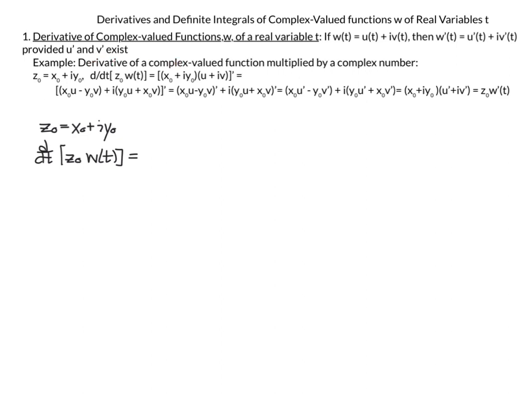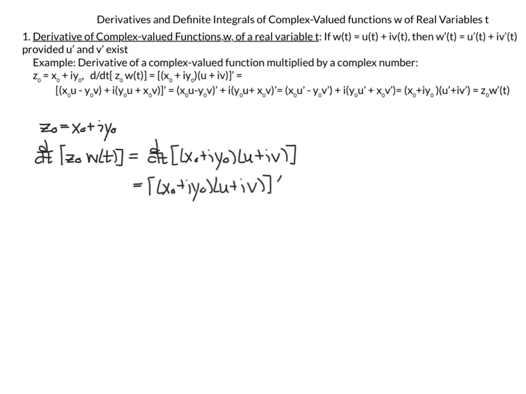So again, we're going to use our formula for taking the derivative of a complex valued function to derive a formula for the derivative of a complex valued function, that's our w(t), multiplied by the complex number z naught. And so I start by substituting z naught with x naught + i y naught, and then instead of d/dt, I'm just going to denote my derivative with the prime.